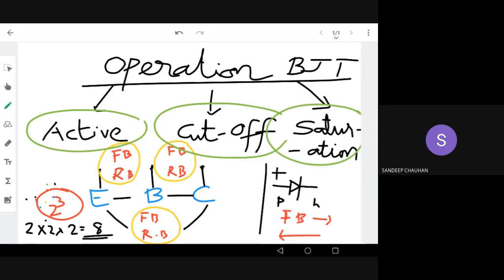Now we have to connect the different possibilities of biasing with the different operating regions of a BJT. In one configuration we have the active region, in another we have cutoff, and in another we have saturation. So we'll discuss what the different regions are.